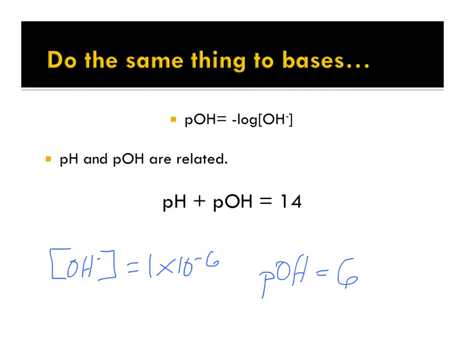Now, pH and pOH are related by this equation: pH plus pOH is 14. So since I have a pOH of 6, pH would be 14 minus 6, so pH would equal 8 on our scale. These are just ways that we can look at pH and pOH in calculation.